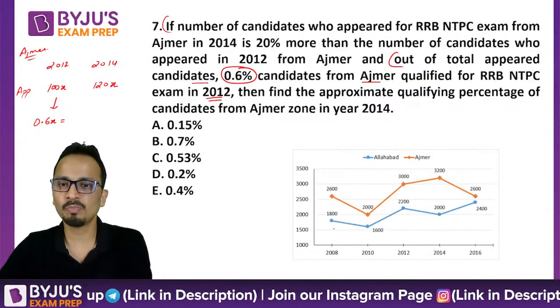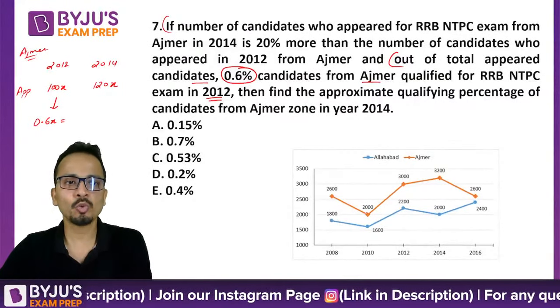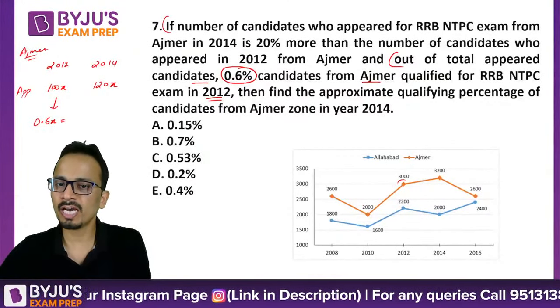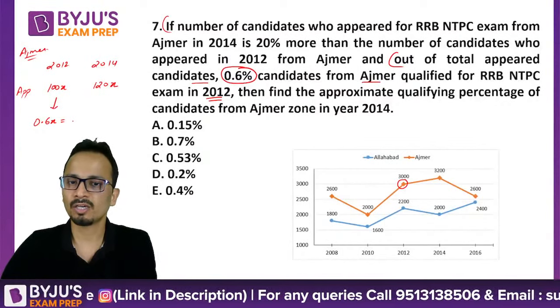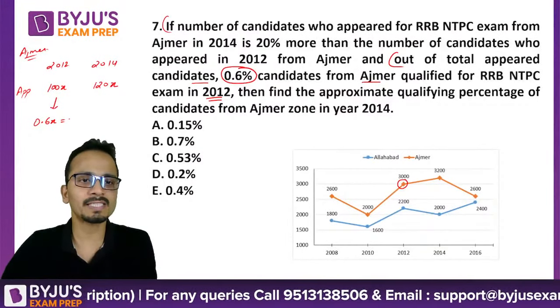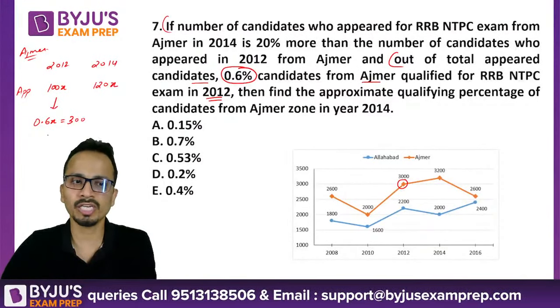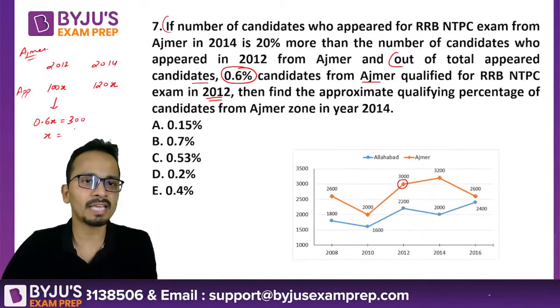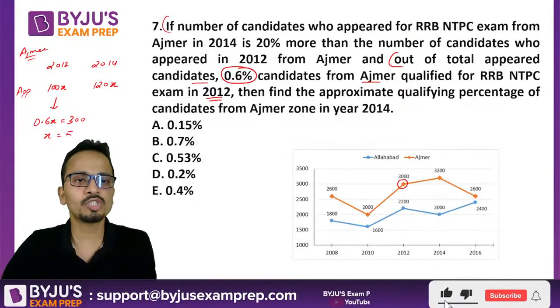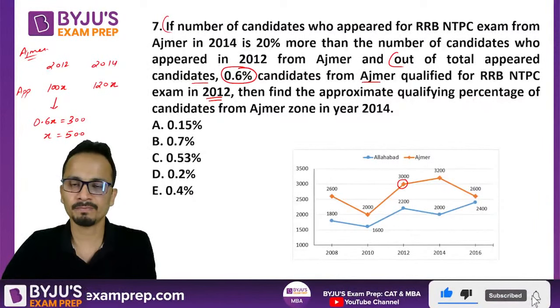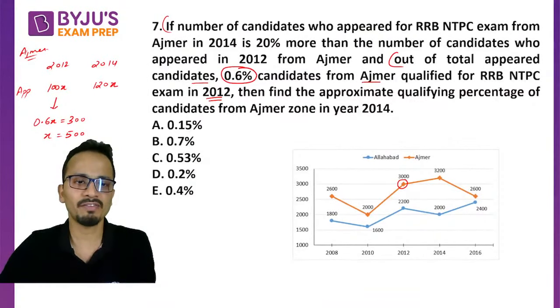Ajmer in 2012, 300 candidates qualified. So 0.6x will be equal to 300. And from here, I can find the value of x, which will come out to be 500.